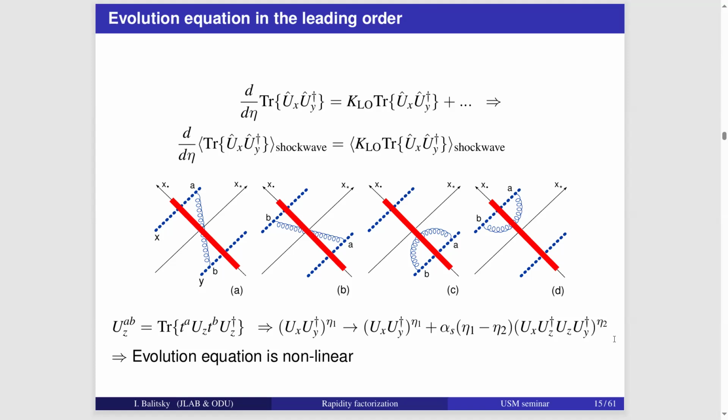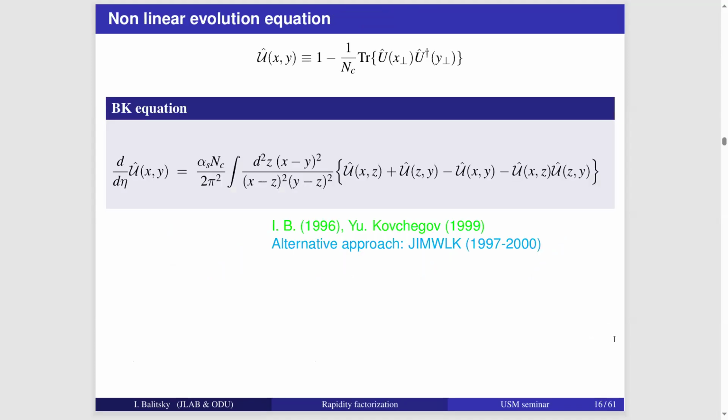The calculation of these diagrams itself is very simple because these are purely perturbative gluon propagators, nothing very difficult. And the result of the calculation is the following. It is convenient to subtract one from the color dipole and introduce this calligraphic U. Then, in terms of this calligraphic U, the nonlinear equation looks like that.